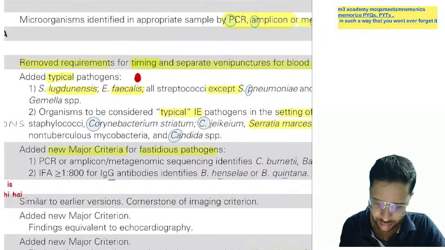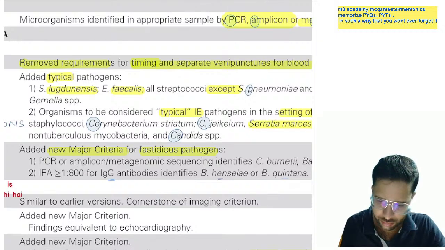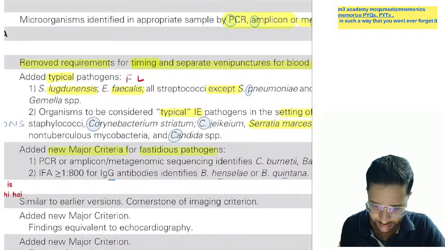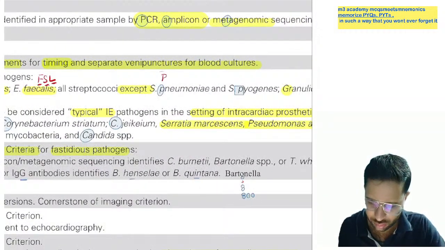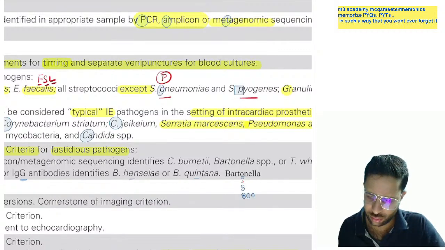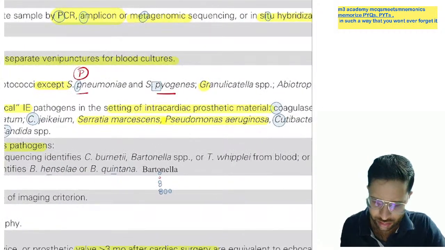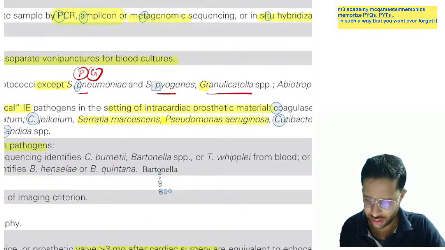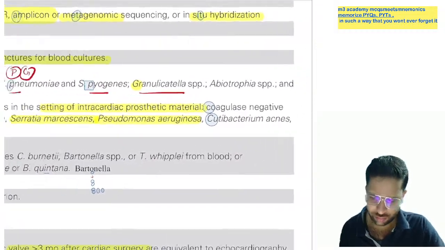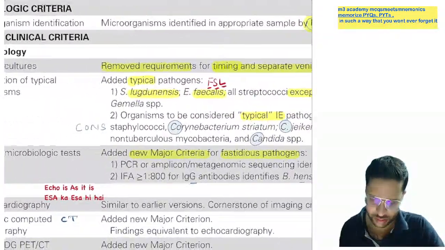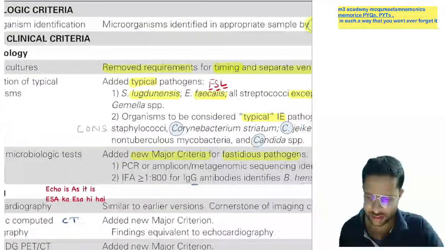FL. FSL you can remember: faecalis, lugdunensis, and streptococci. But streptococci do not include the P ones: pneumococcus, pyogenes. PG you can remember; G for Granulicatella and Abiotrophia.